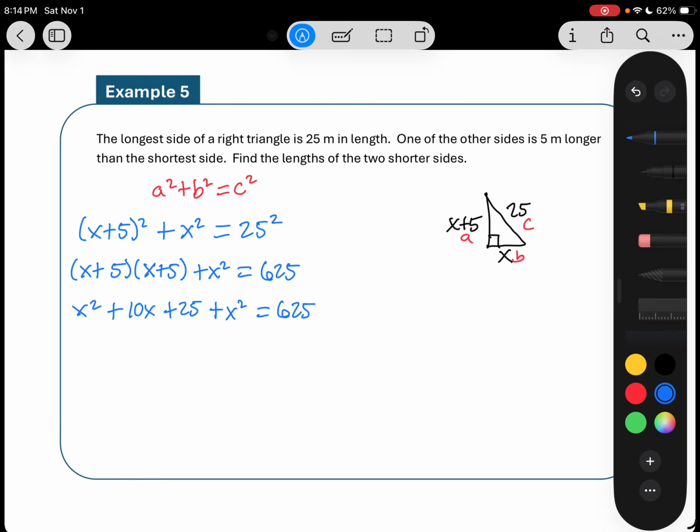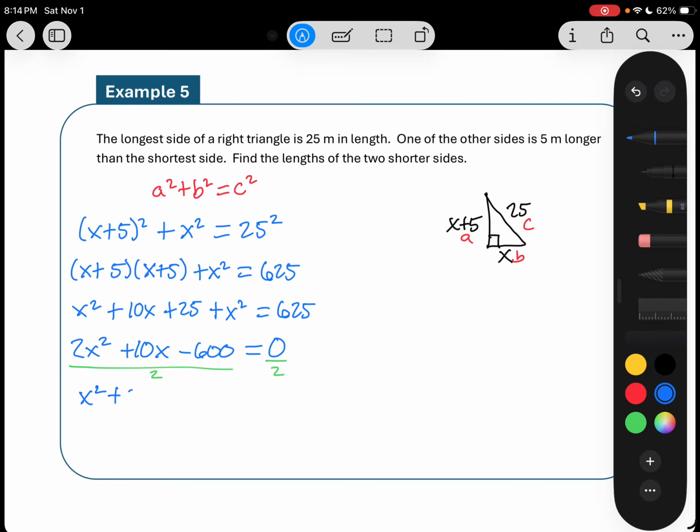So we'll go ahead and combine like terms on the left side. And how about we get it equal to 0 as well? You could try to factor or do the quadratic formula from here, but I noticed that every coefficient is even, so I can divide everything by 2, make things a little easier.